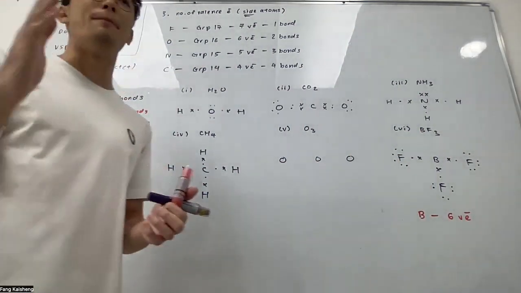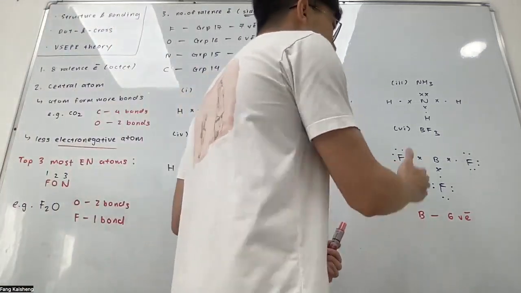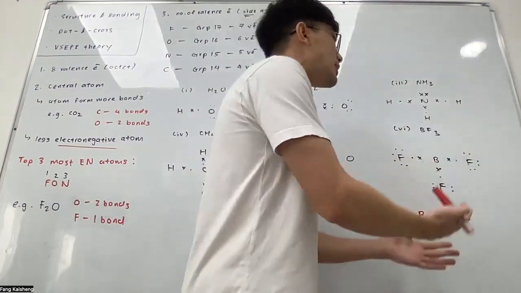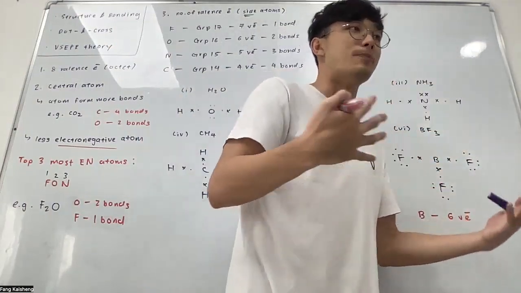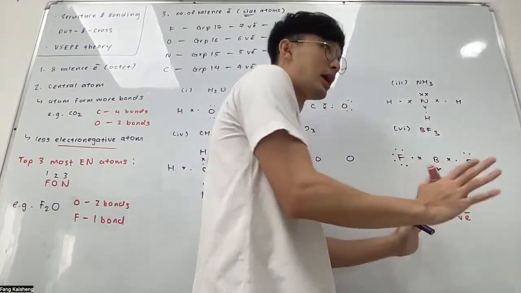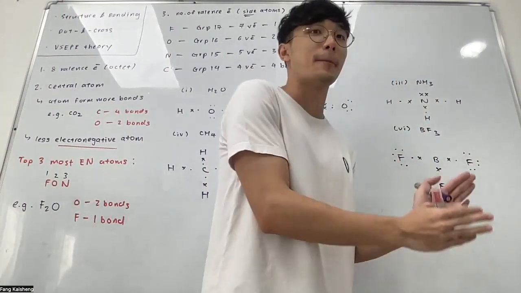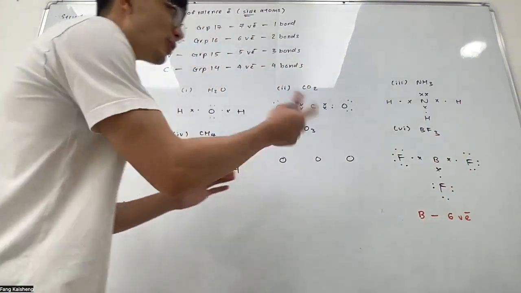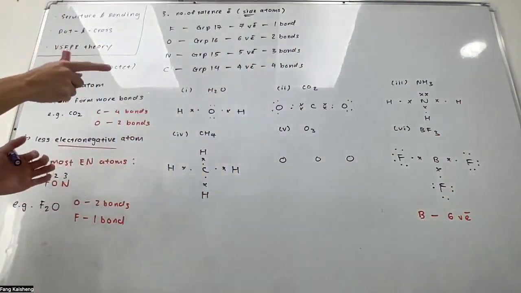Today we will cover all the possibilities. So take note, guys. Because boron has only 3 valence electrons, it can only have 6 electrons in total after forming 3 bonds. Unfortunately, that's the case, and we have to leave it as such. Okay? So this is one of the special cases that I'll bring back later on.